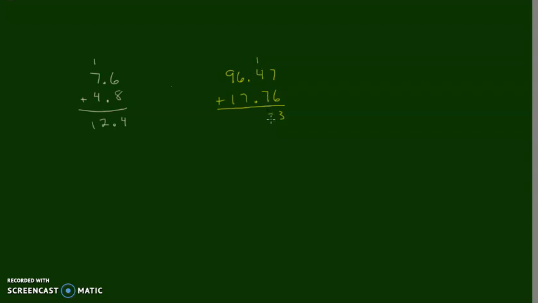Plus 7 tenths is 12 tenths. 1 plus 6 is 7, plus another 7 is 14. 1 ten plus 9 tens is 10 tens, plus one more ten is 11 tens. Add in my decimal, and my answer is 114 and 23 hundredths.